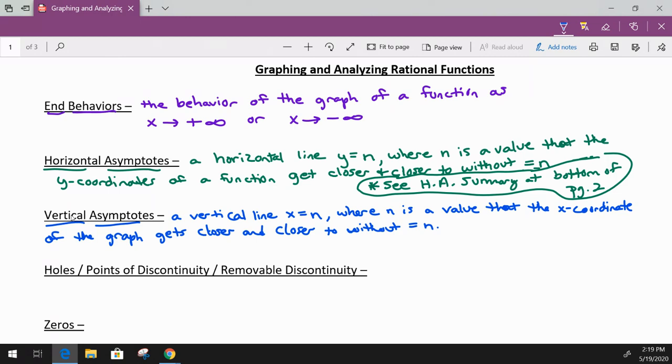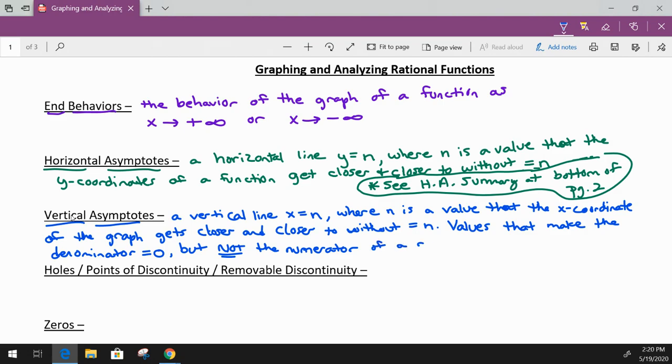Another note that I want to make with rational functions: it's a value or values that make the denominator equal to 0 but not the numerator. And I'm going to say that in most cases, and again, this is of a rational function.